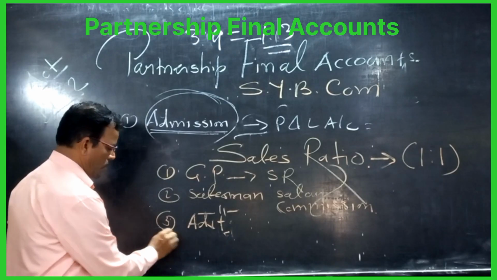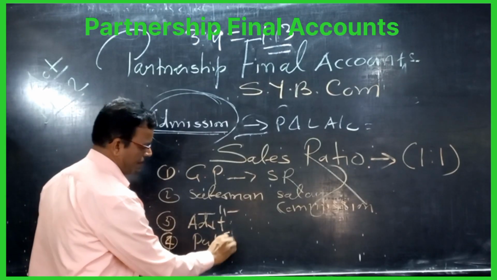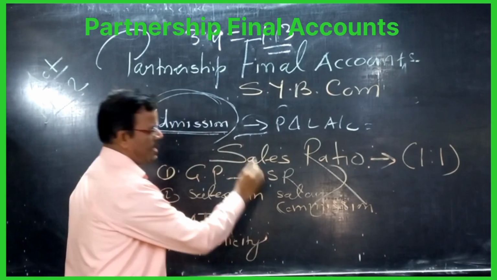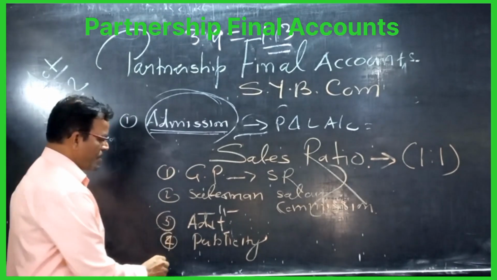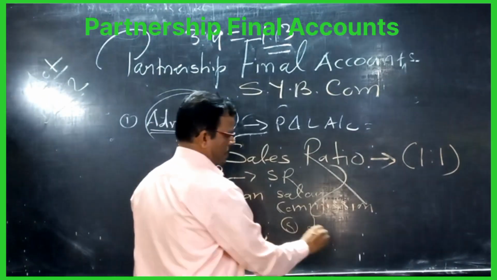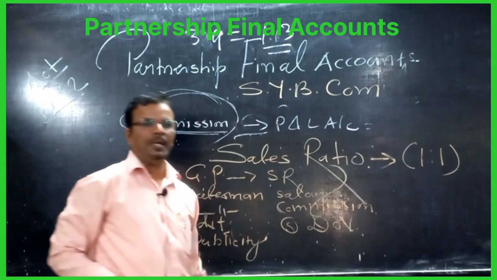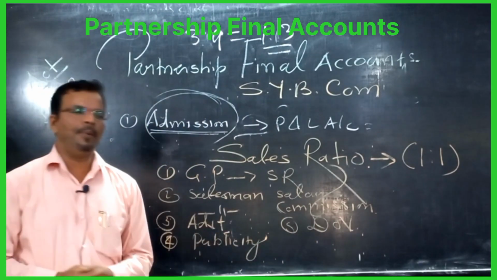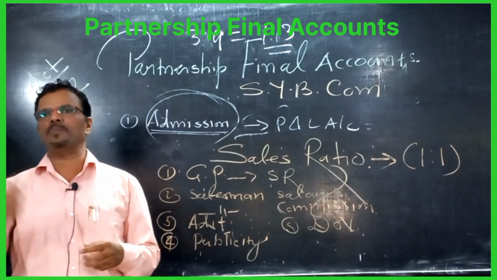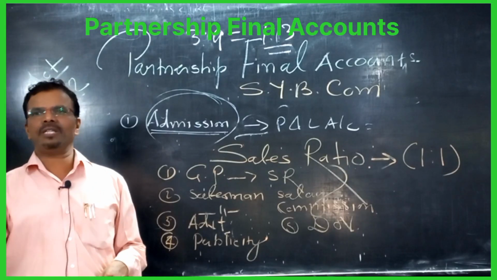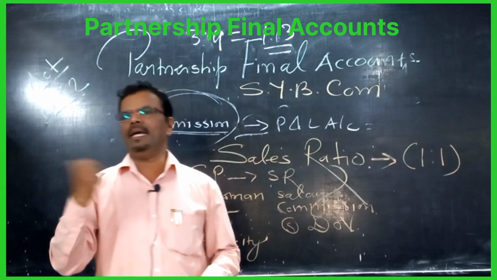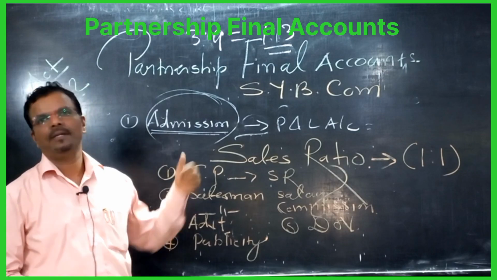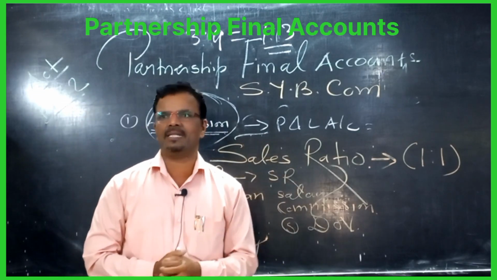Publicity is always divided on sales ratio. Depreciation on vehicle, sales ratio, because this vehicle is used for the purpose of selling the item. More sales, more expenses. Less sales, less expenses. So this is about the sales ratio.